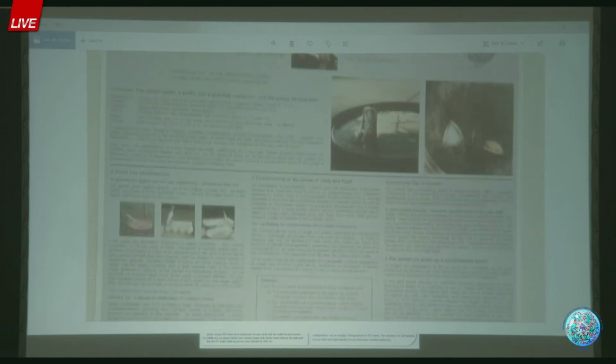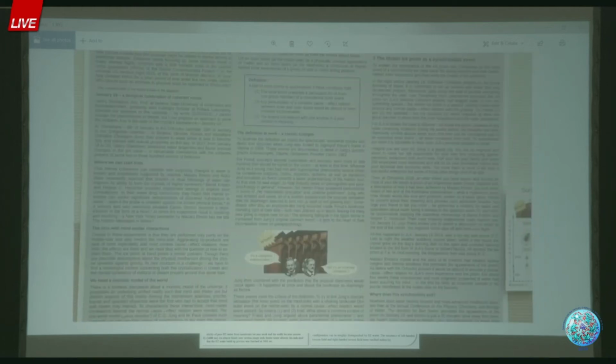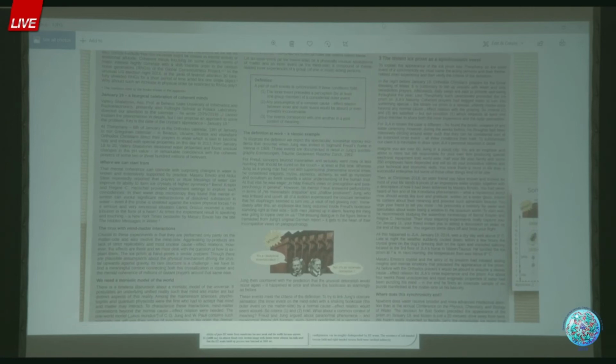We went to see the editor of the letters of Jung and Pauli, Harald Atmanspacher. He has written an article in a journal of consciousness, and from this article we extracted a fairly general definition of synchronicity. And then we give a classic example on our poster of how this definition works.